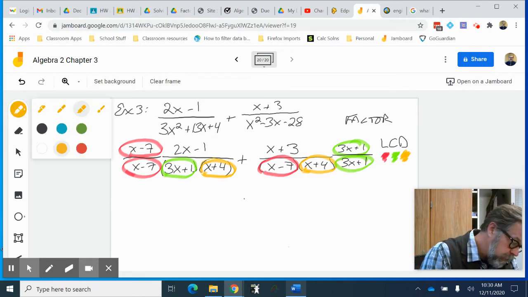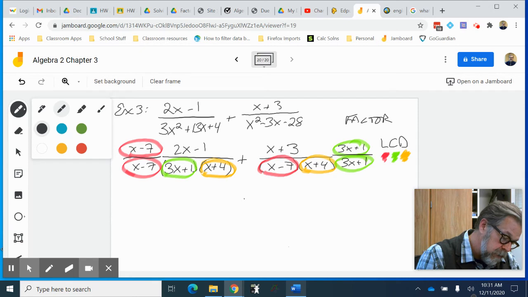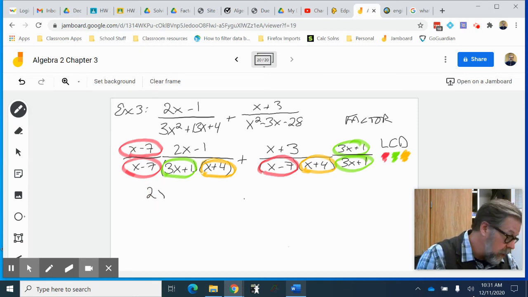Okay, so now we're in a situation where we can do some simplifying. X minus 7 times 2x minus 1, we've got 2x squared minus 15x plus 7, plus, on the right-hand side, x plus 3 times 3x plus 1 gives us 3x squared plus 10x plus 3.